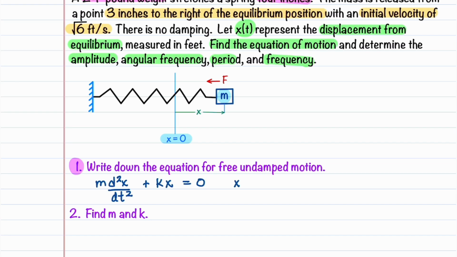The initial position, x of 0, is equal to 3 inches because it's released 3 inches to the right of the equilibrium position. And then dx dt at time 0, that's just the initial velocity, and that is √6 feet per second.